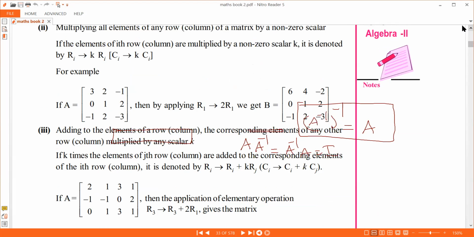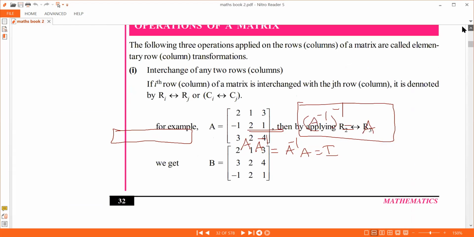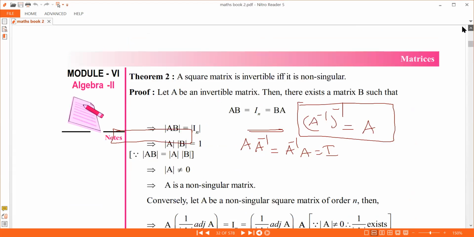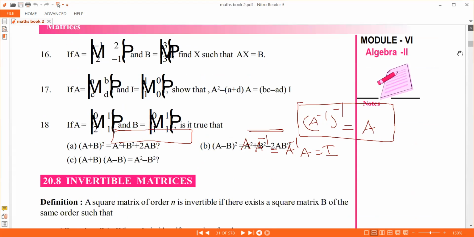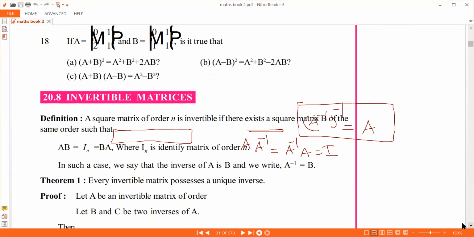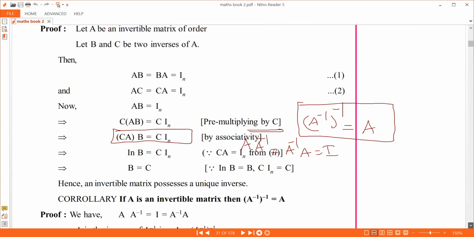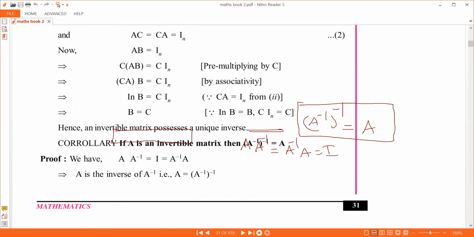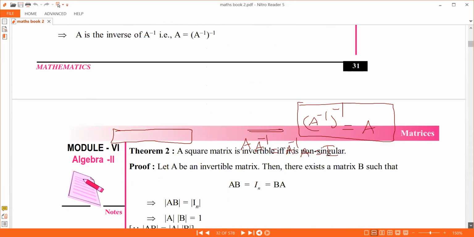Oh, the determinants also is here for you. Determinants is a little bit tough. Invertible matrices. Here only. First, we have to work with the 2 by 2.